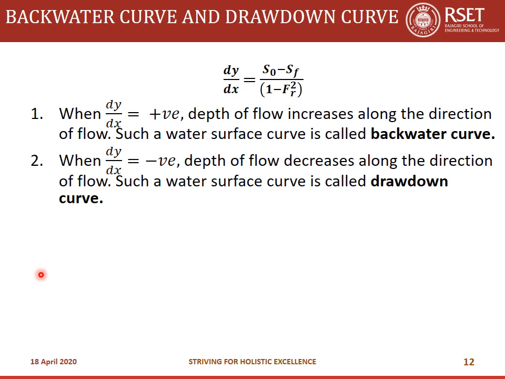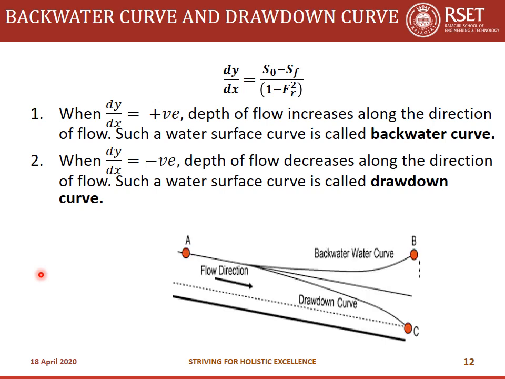So I'll explain backwater curve and drawdown curve using a small figure. So this is the direction of flow. If the water surface had gone like this, that is, you can see the water depth is increasing along the direction of flow, then this curve is known as the backwater curve. And if the water surface has gone down like this along the direction of flow, then it is known as a drawdown curve.